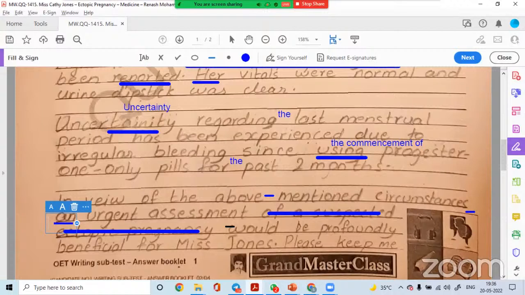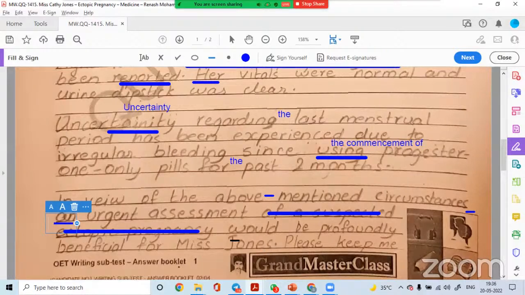You can say some other thing. Urgent assessment, evaluation. Okay, definitive diagnosis. You can write like that. A definitive diagnosis and appropriate follow-up action plan would be profoundly beneficial for Miss Jones. Very good. So change urgent assessment.